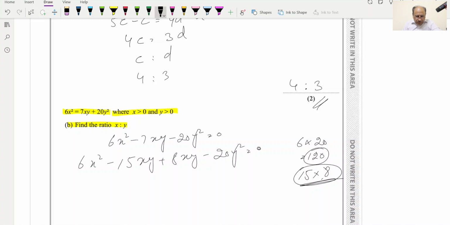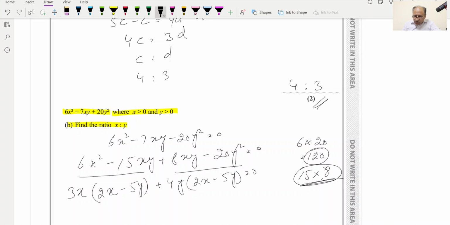Now we can make pairs. These will be the 2 pairs. We can take 3x common, and inside will be 2x minus 5y, and plus 4y common, so inside will be 2x minus 5y is equal to 0.